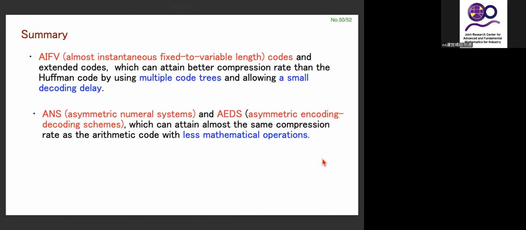Now I give the summary of my talk. I first treated the AIFV code that can attain a better compression rate than the Huffman code by using multiple code trees and allowing a small decoding delay. And ANS and AEDS, which can attain almost the same compression rate as the arithmetic code with fewer mathematical operations.